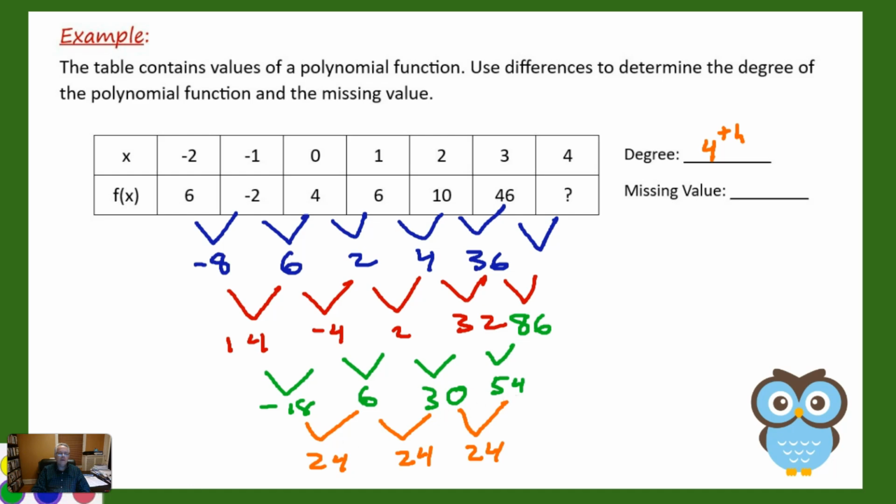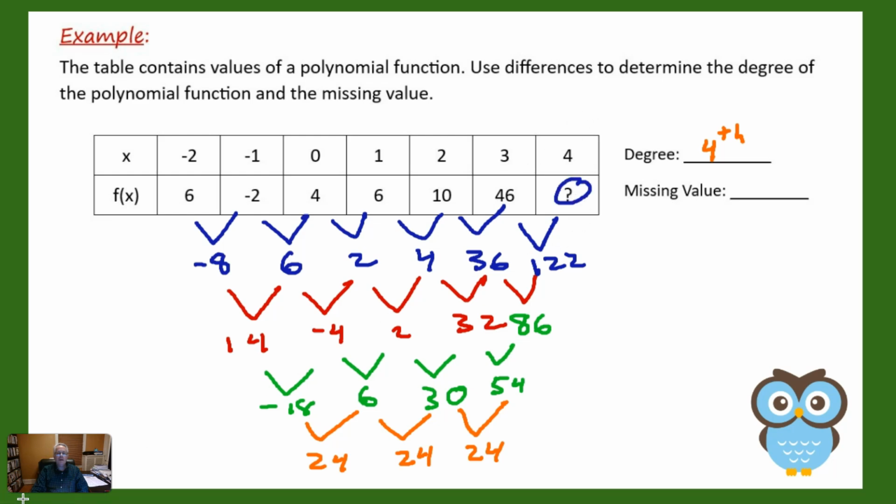And then finally, I know that the difference here is 86. So 36 plus 86 is 122. So that's the difference between this term and this term. So finally, we've kind of made it here.